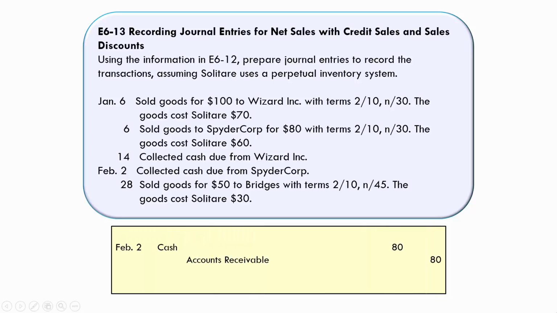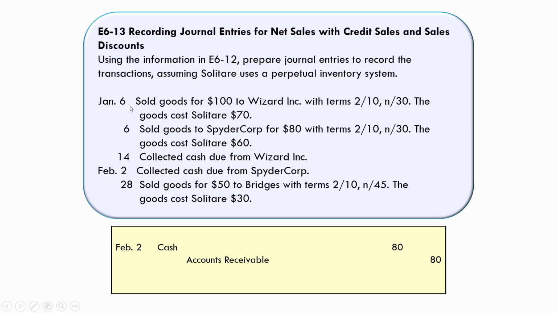On February 2nd, this is beyond the discount period. I said before 6 plus 10, they also have 2/10, net 30 for this one. 10 days after the 6th is the 16th. It should have been paid on January 16th. They did not pay on January 16th.